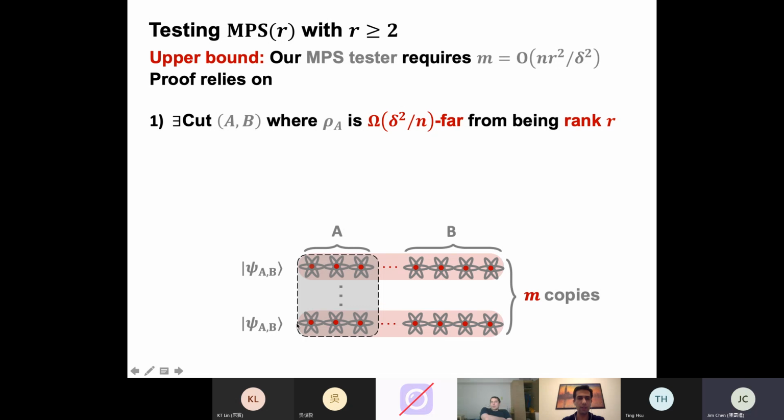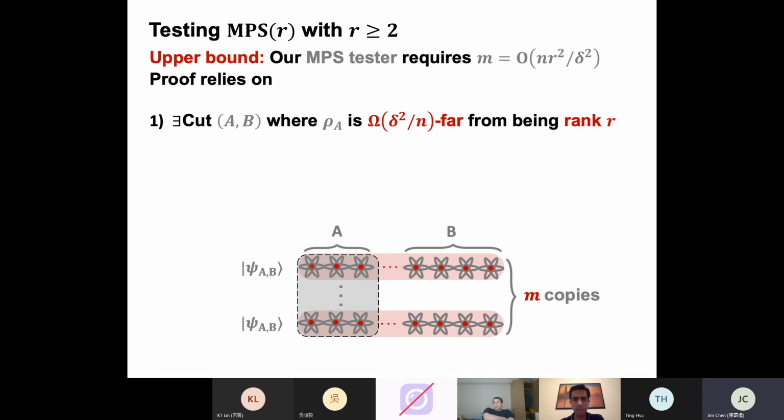And we are saying from the perspective of this rank tester, the state is 1/n far from being rank R. So say delta is constant. By 1/n, I just mean delta squared over n, but let's just say 1/n. And therefore, if this rank tester has enough copies, which is order n, given by this amount here, then it will likely reject.